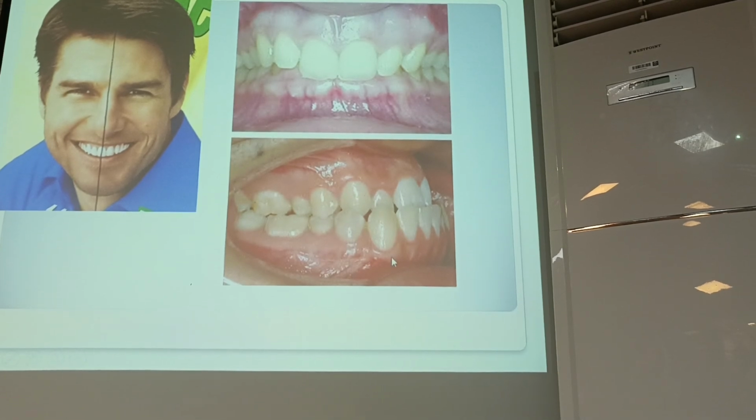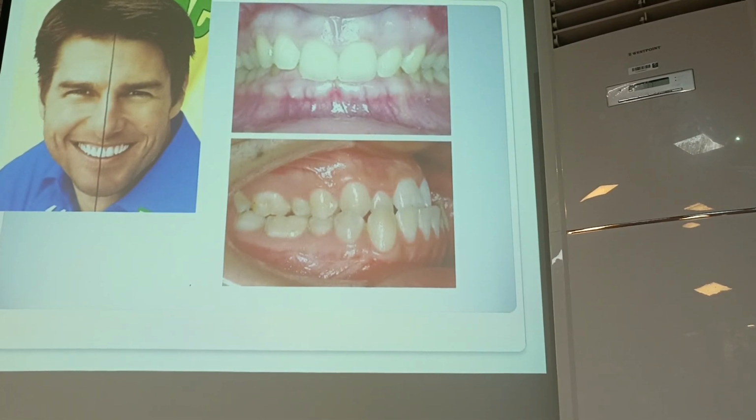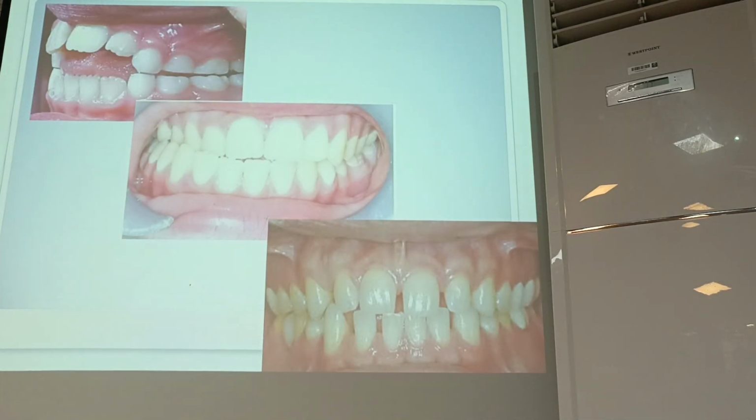Here we have cross bite. It means that the upper jaw crosses the lower jaw. Yes, it is a kind of malocclusion. We have open bite. As I said before, the open bite is mostly produced by tongue sucking, especially for example for school children or preschool children.